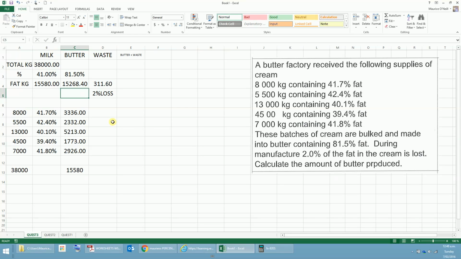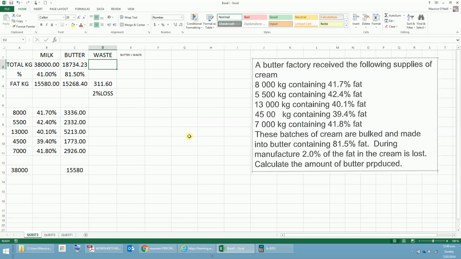That represents 81.5%. So we need to work out what the whole thing is. So we know that that's going to be bigger. So it's just plus that divided by that there, and that gives me 18734.23. We want 2 decimal places on this, like so.